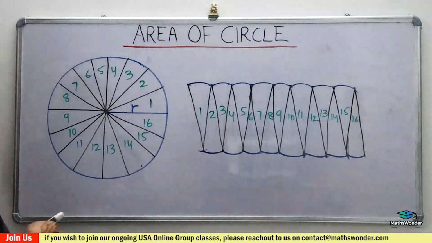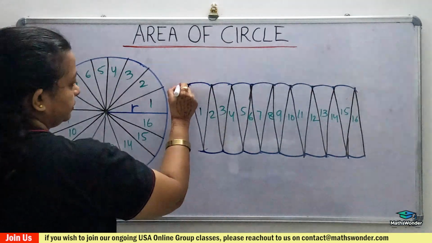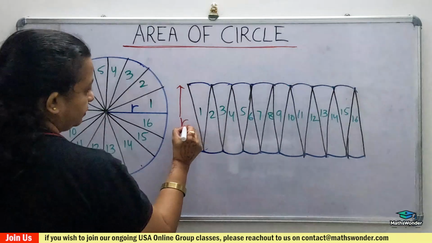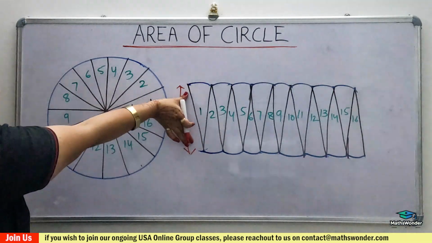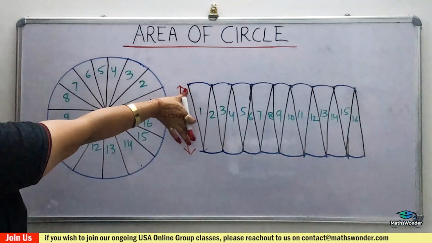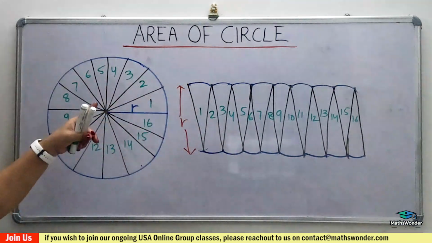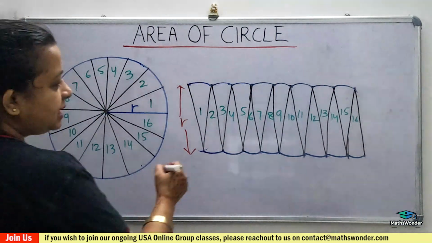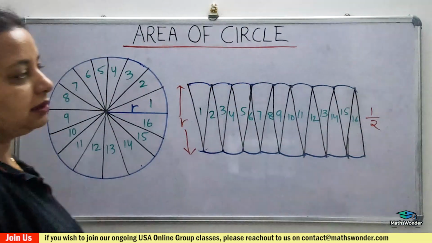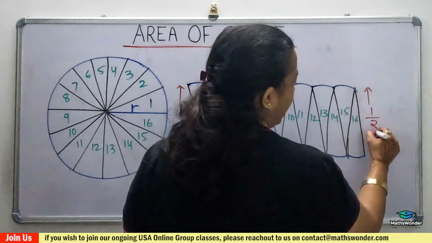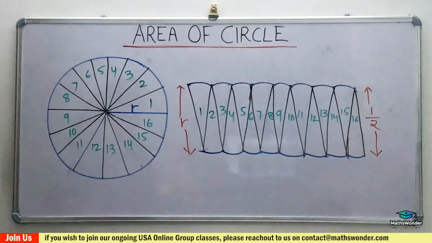Now see, the length of this strip is the radius, so we call it a radius. So this is half of the diameter, right? You can say that.